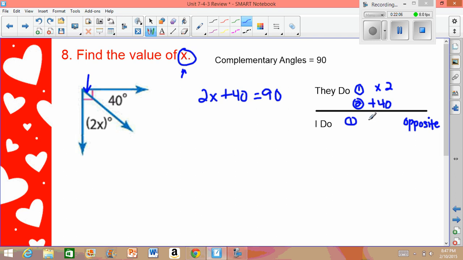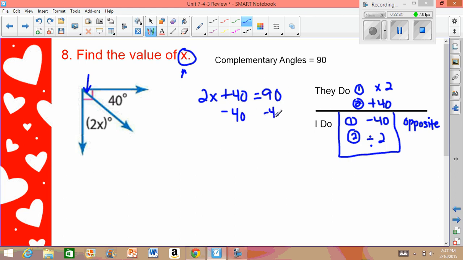So our first step is going to be subtracting 40 on each side. Our second step is going to be doing the opposite of multiplying by 2, which is to take each side and divide by 2. So remember, this part at the bottom is what you have to do to solve this problem. So the first thing says that we are going to subtract 40 on each side.